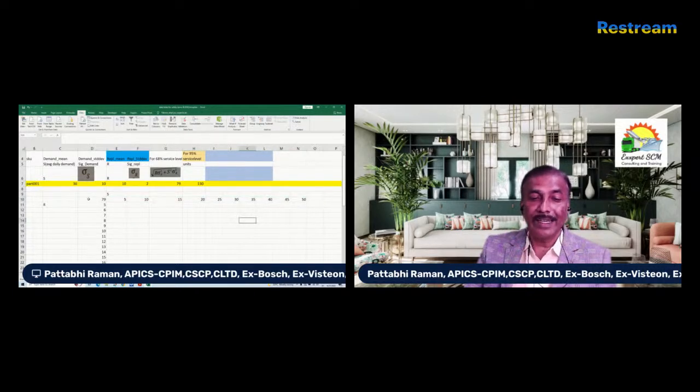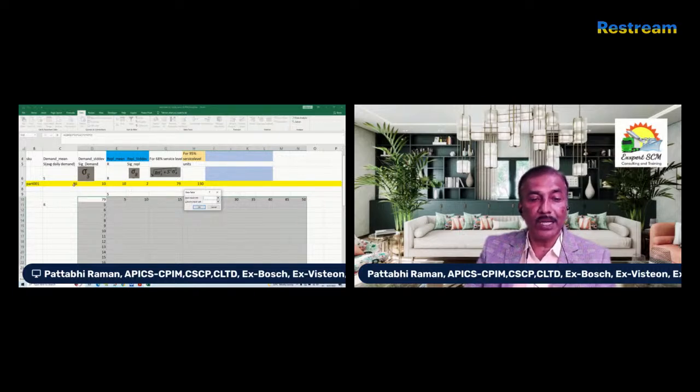So here I am going to use a two-way data table. I am covering this margin, and I am going to use something called data table, and you will get a similar table here. For the row, I am trying to vary the demand.